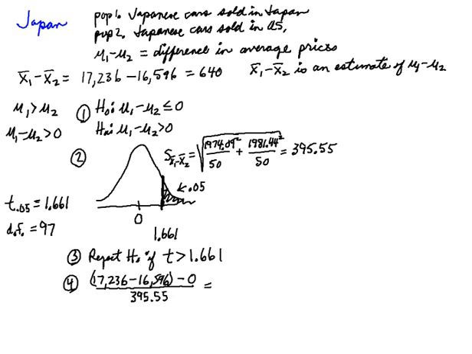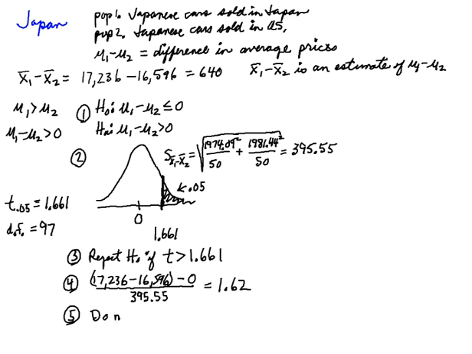So I basically have 640 divided by the 395.55, and I get 1.62. And that is almost but not quite.